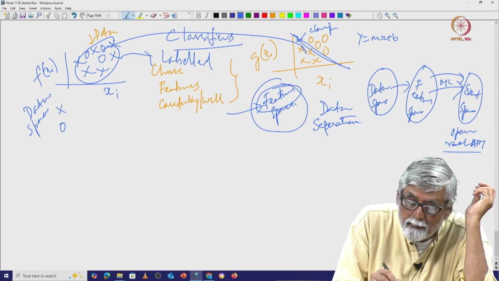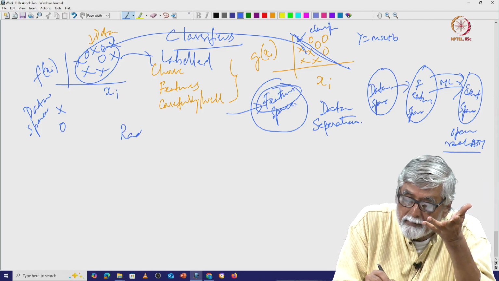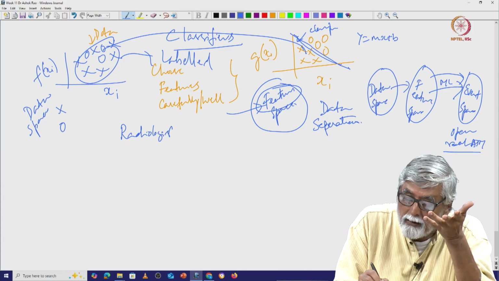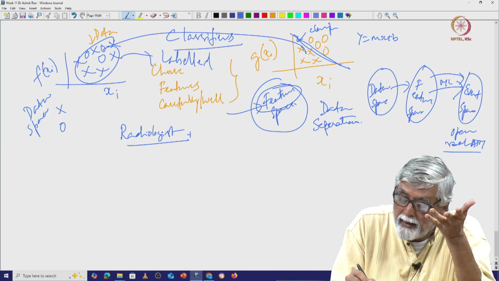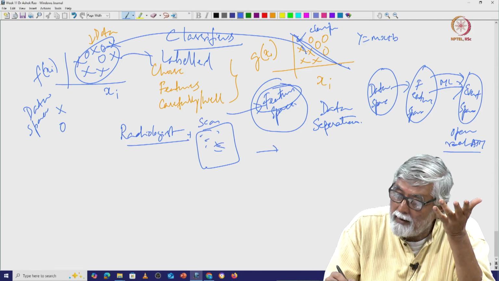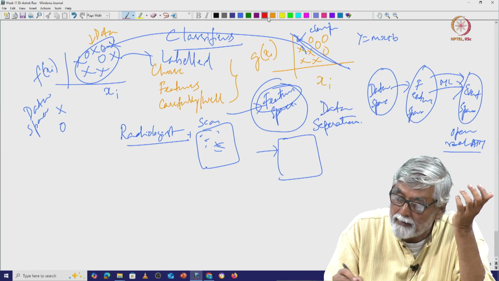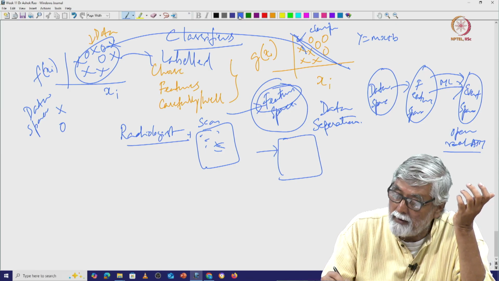This is what your radiologist does. What the radiologist does, he takes the scan data with lot of this thing, then he will look at it, he will use his expertise and then do the following.